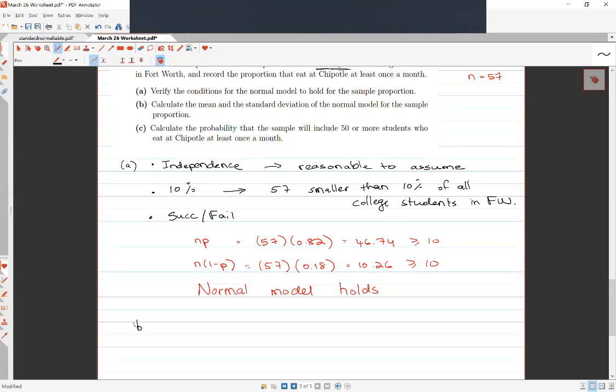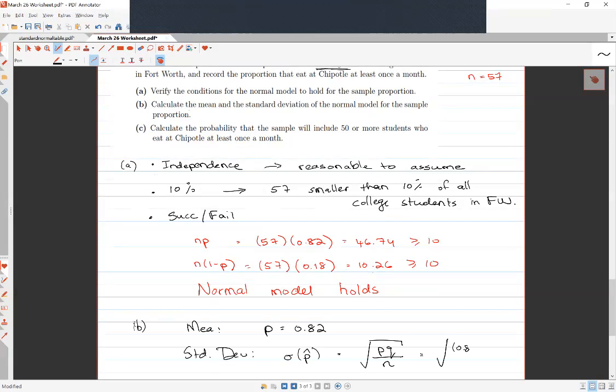Then, if I'm using the normal model, what is the mean and the standard deviation of the normal model? Well, the mean is p, the population proportion. The standard deviation, I just have to calculate using that value for p.